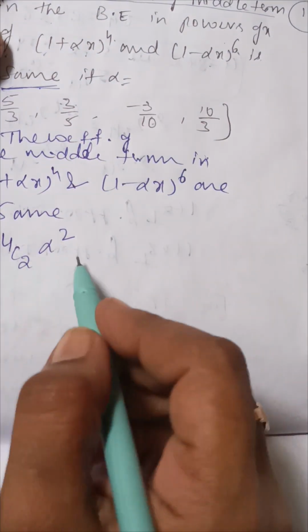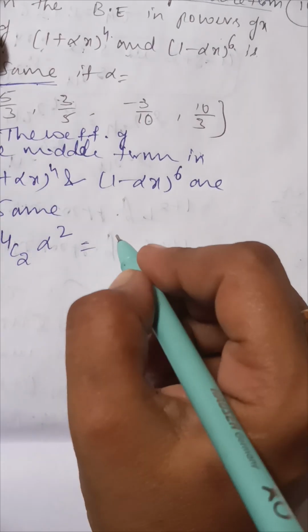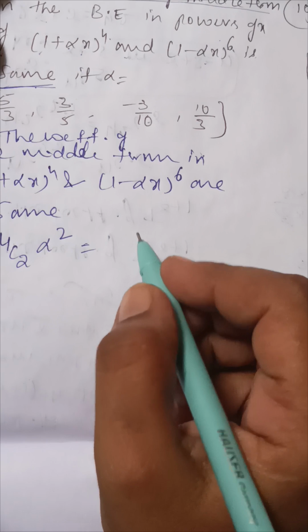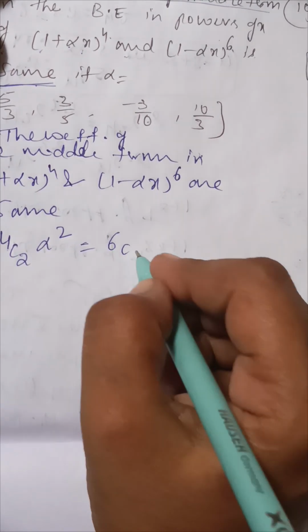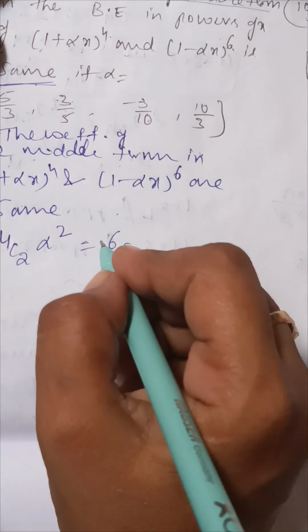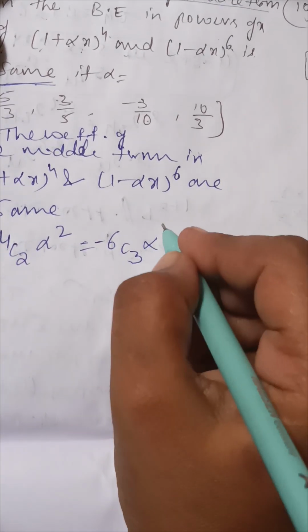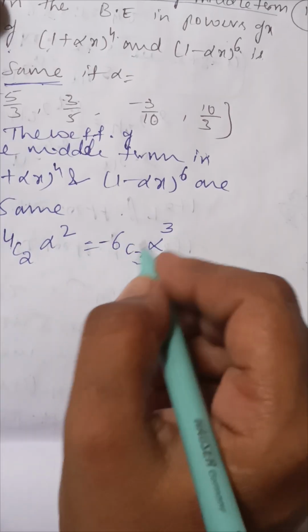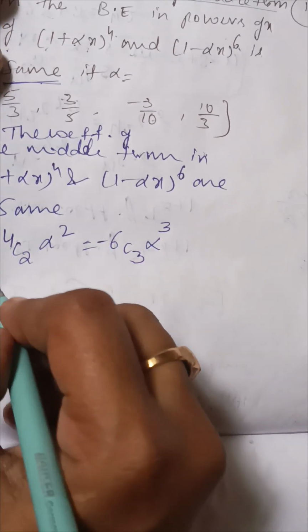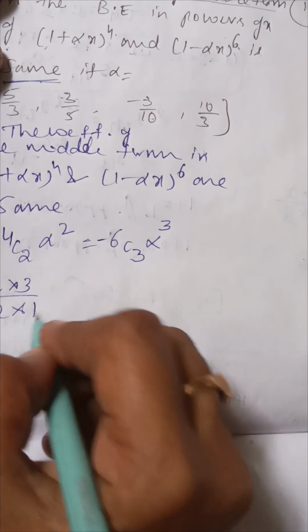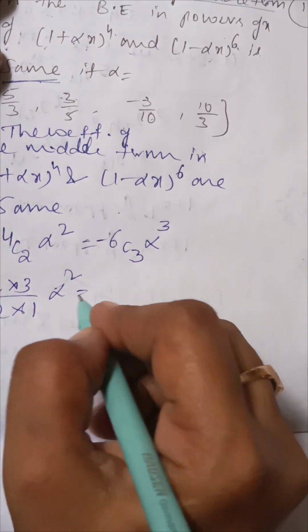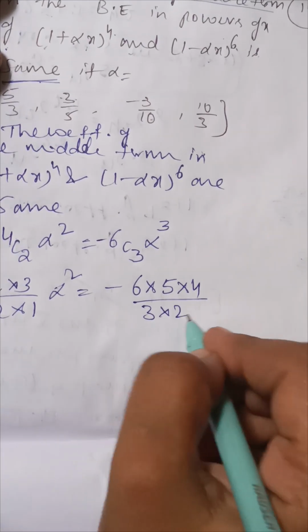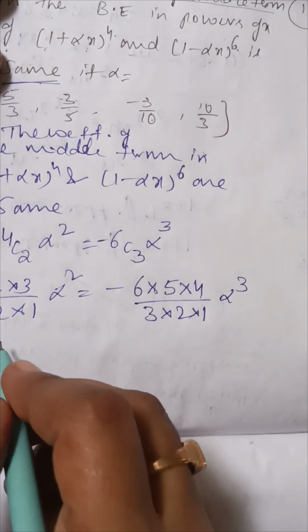Only the coefficients we are writing, don't write x, equals the coefficient of the middle term of (1 - αx)^6, which is 6C3, and minus is there, first write minus and α^3. Here α^2 can be cancelled, and 4C2 is 4 into 3 by 2 into 1, α^2 equals minus 6C3, 6 into 5 into 4 by 3 into 2 into 1, α^3.